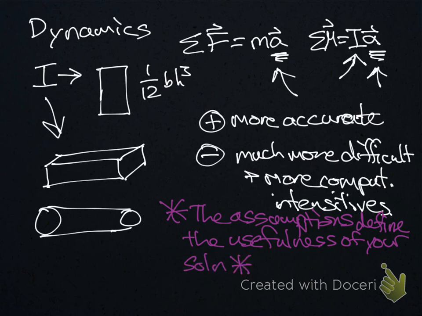So if you make an assumption about how the knee moves that does not involve sliding, but you're asking a question that requires sliding at the knee in order to answer it, your results will be garbage. So it's important to match your model with your assumptions, or with your question. Okay, we're going to take a look at some examples, but this gives you an idea of where we're going to get started.